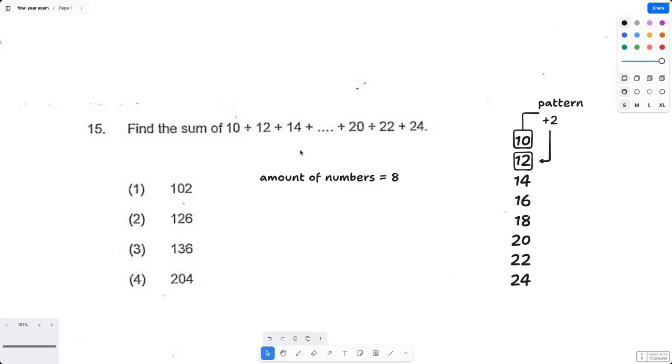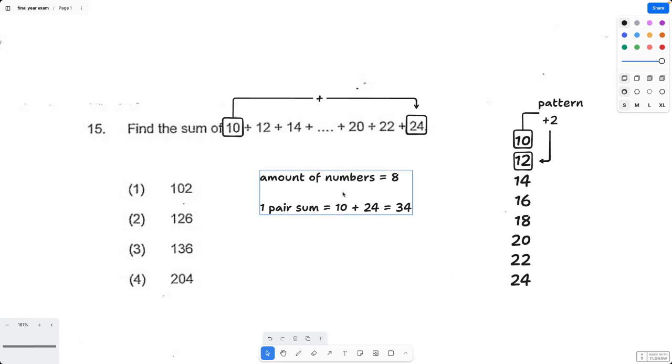Next thing is, since it's plus and plus, we take this and this, so 10 plus 24. I'm going to put an arrow again. So 10 plus 24 here. If you add this, it will give us one pair sum, which is equal to 10 plus 24, which is equal to 34.